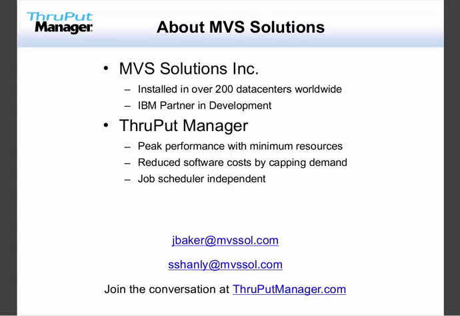ThruPut Manager is designed to manage batch. It does not manage where online transactions go. So the simple answer is no. But the other answer is that we do put out messages as various thresholds are reached that could be used with an automated operator to trigger other actions to influence your online load.